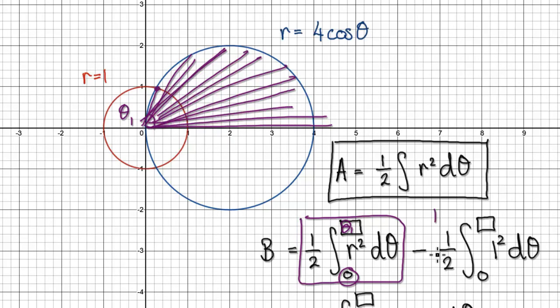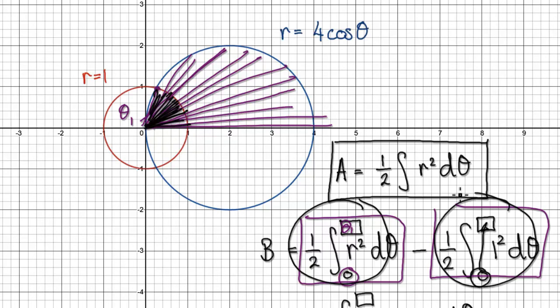And then take away this thing here. Well, this thing here is really you summing up everything from 0 to theta 1. So it's you summing up all the sectors here. So if you get the whole thing, take away this thing here, that will then give you the area B.